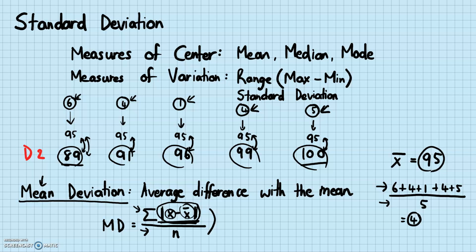But over time, statisticians started to run into problems with mean deviations as well. So they started to develop better forms of calculating the variance, or calculating the variation.